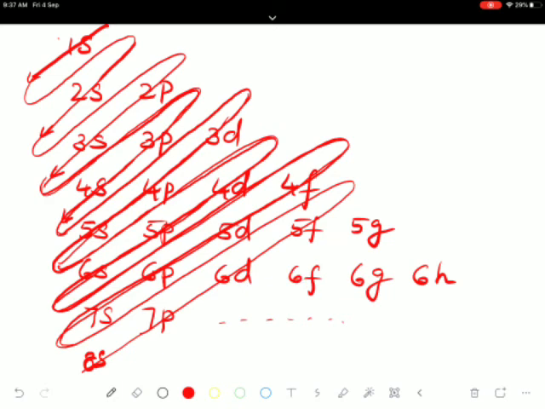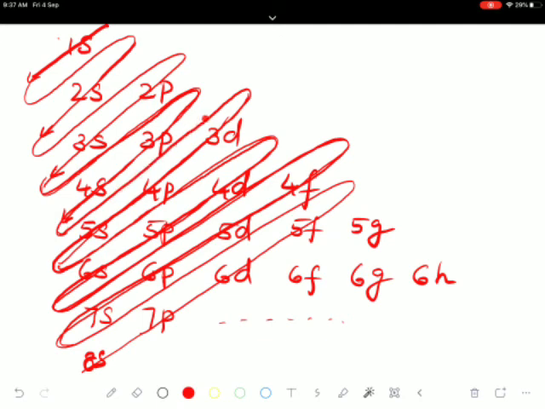Any problem? Rishi, any doubt? Okay. So you write the orbitals first. First electron will be going to 1s, then 2s, then 2p, then 3s, then 3p, then 4s.